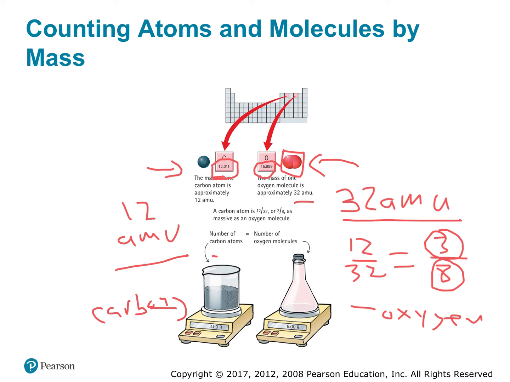So the number of carbon atoms here is equal to the number of oxygen molecules. How can I figure that out? If I need to make a chemical reaction involving these and I need equal numbers of atoms, I can just measure out 3 grams of carbon and 8 grams of molecular oxygen, and those are going to have the same number of atoms. And then we can talk about how the number of atoms in the equations has to balance.